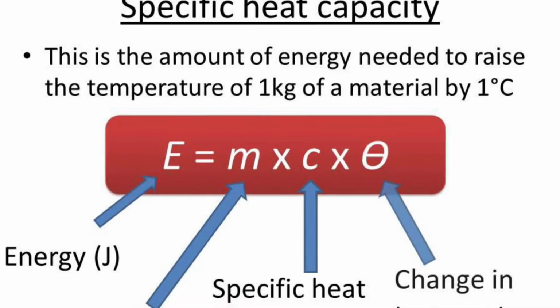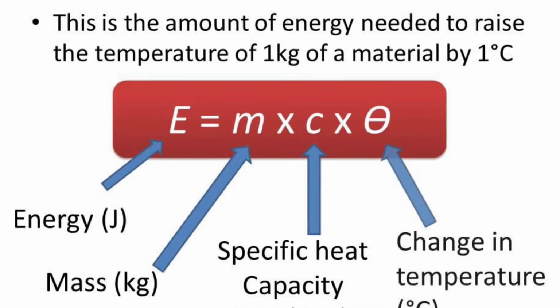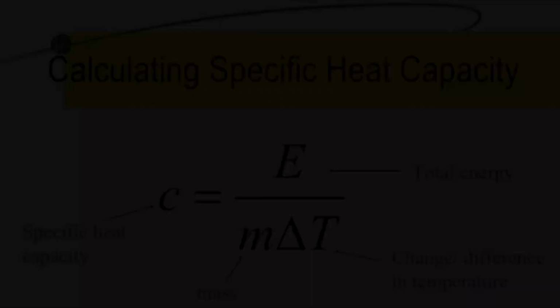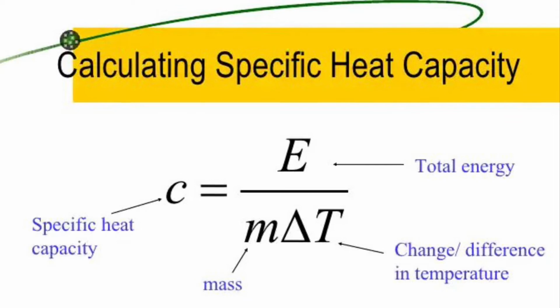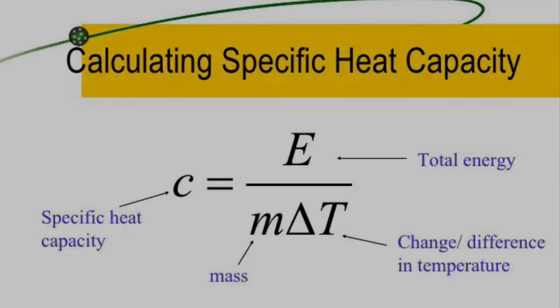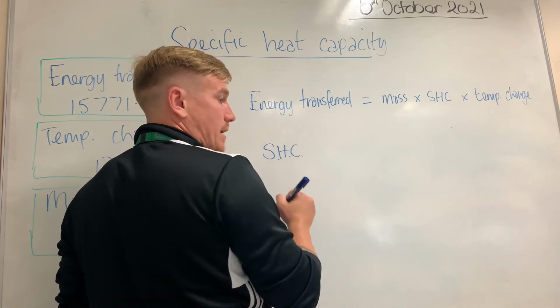Here we can see the equation with a little bit more clarity and how the symbols will often look when we see them on our spec sheets. And what we've got here now is I've rearranged that equation so that the energy is divided by the mass times the temperature change, and that will give us our specific heat capacity.